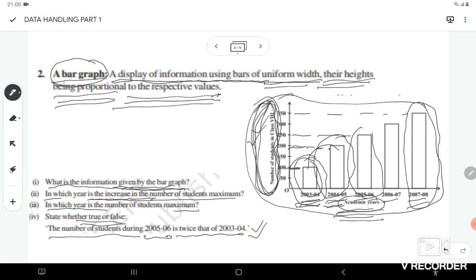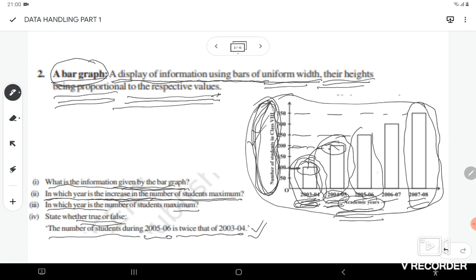Next question says, in which year is the increase in the number of students maximum? You can clearly see from the figure that in 2003 to 2004 there were only 100 students, whereas in 2004 to 2005 there were 200 students.